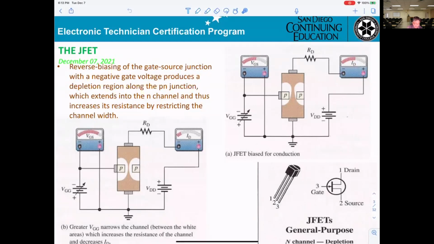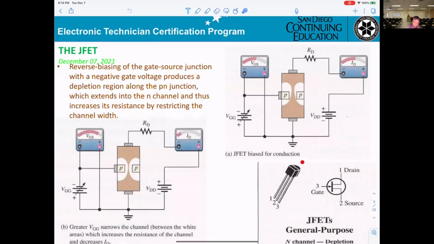That basically tells you the current flowing in an N channel JFET is controlled by the channel. If the channel is wider, more current flows. If the channel is narrow, less current.